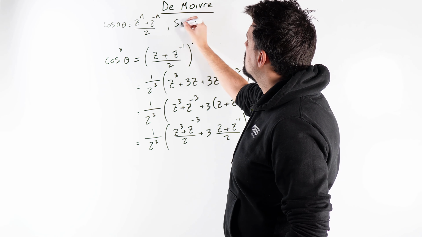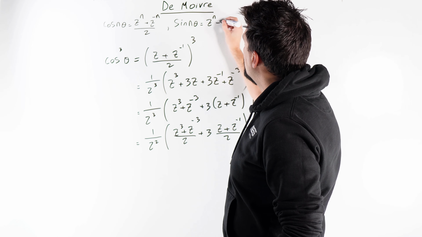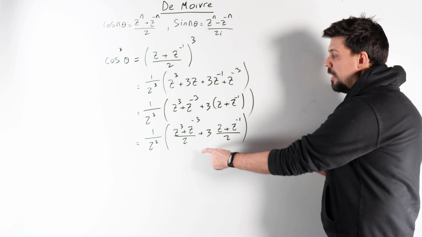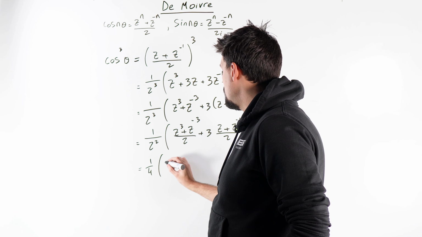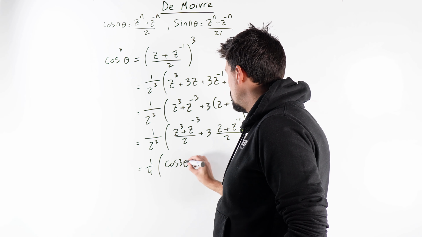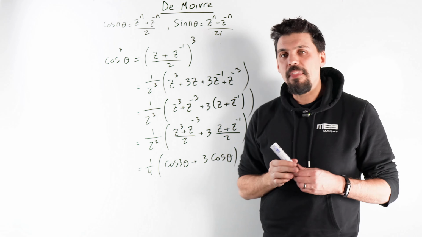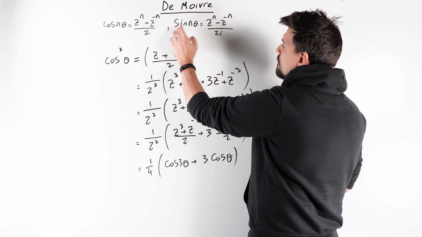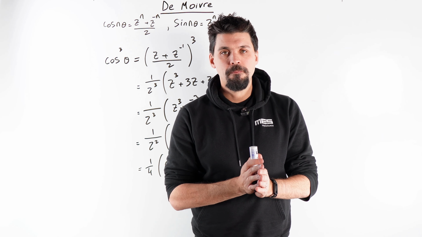And we can get another version of this where sine n theta is z to the n minus z to the minus n over 2i. So what this is, is 1/4 of cos 3 theta plus 3 cos theta. And that is the game we play in this sort of situation. We're going to use this fact, and we crack on from there.